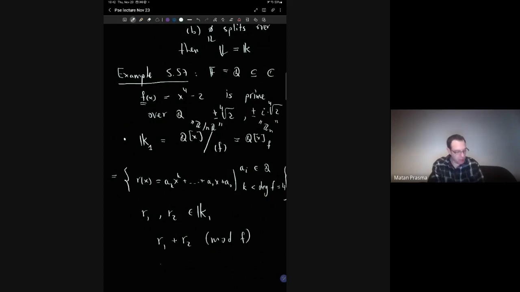And I could also do R1 times R2 modulo F. In fact, if you think of it, when I do R1 plus R2, I don't need to do modulo F, because R1 and R2 are of degree smaller than the degree of F. And when you add two polynomials, the resulting degree is the maximum of the degrees.